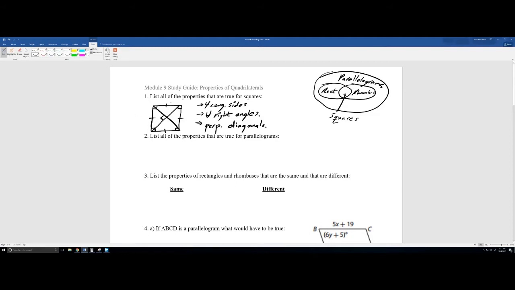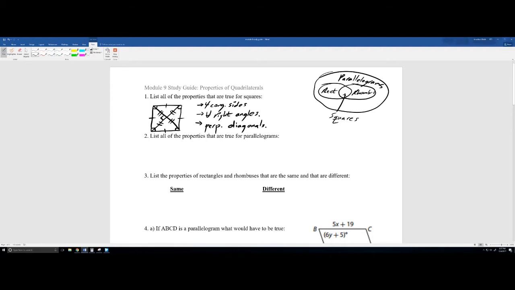Oh yeah, their diagonals are congruent to each other, but that's very similar to a rectangle as well. So that's about it. We have four congruent sides, all right angles, perpendicular diagonals, therefore they intersect at 90 degrees as well. Diagonals are all congruent to each other. So that's something to note. But that's about it for squares.